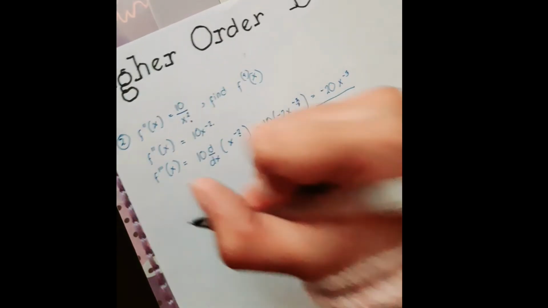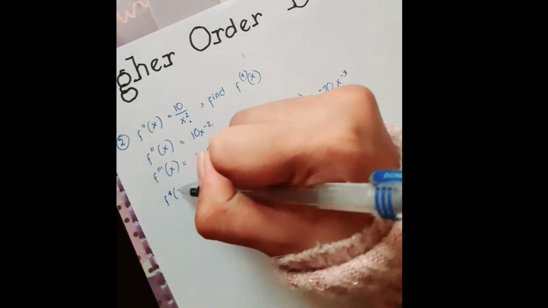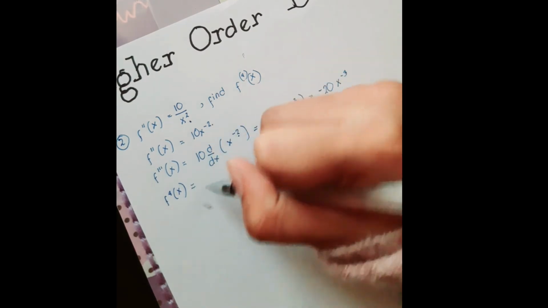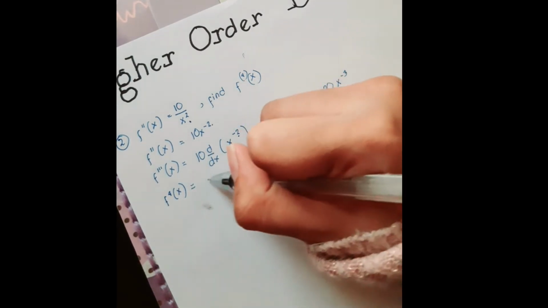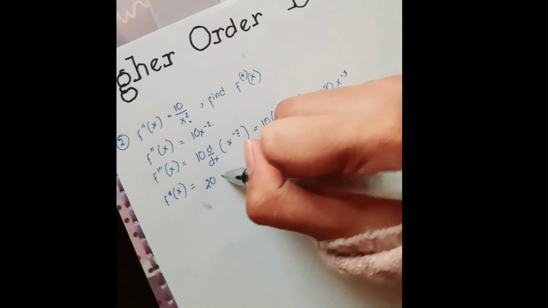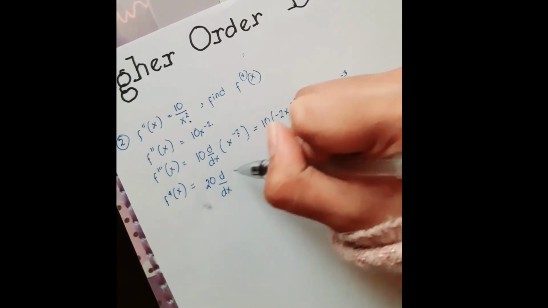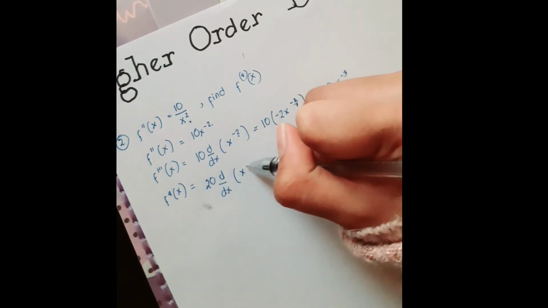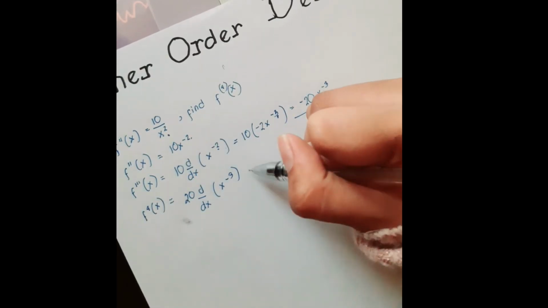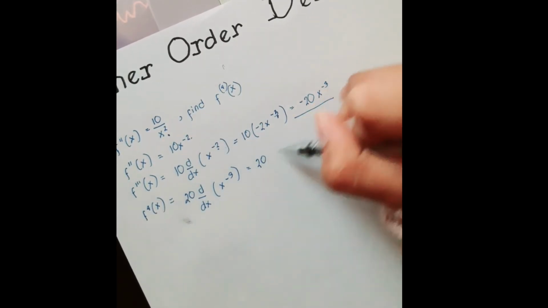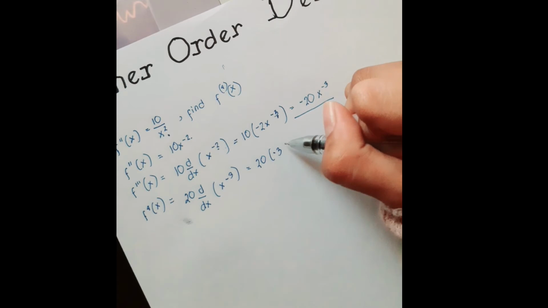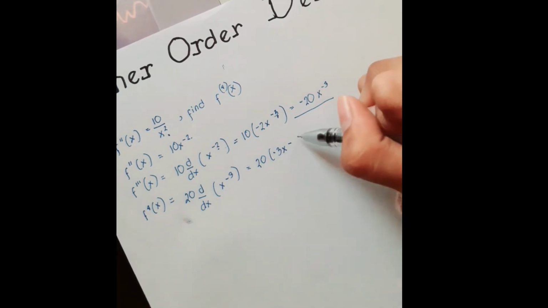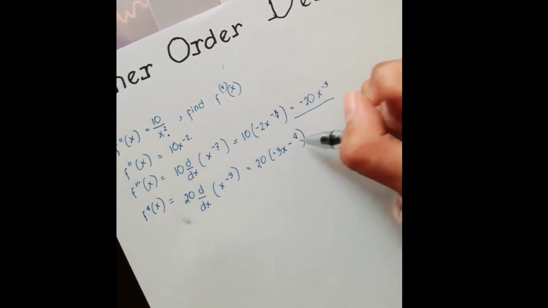So we need to find the fourth derivative. The derivative of x raised to negative 3 will be negative 20 times negative 3, then x raised to negative 4.